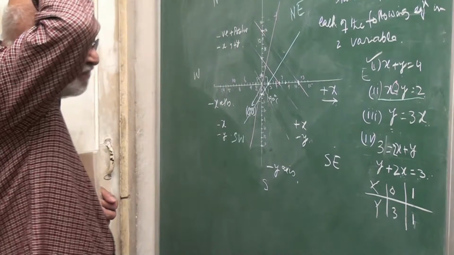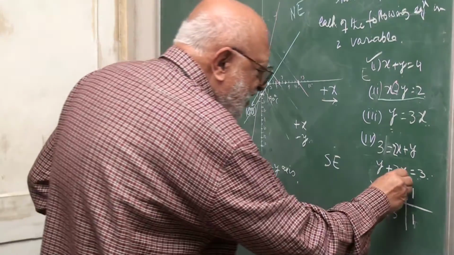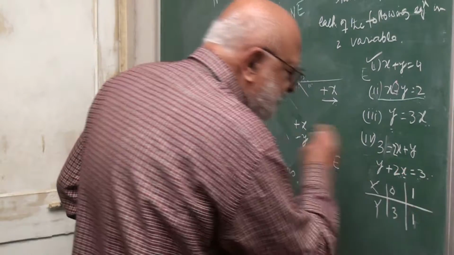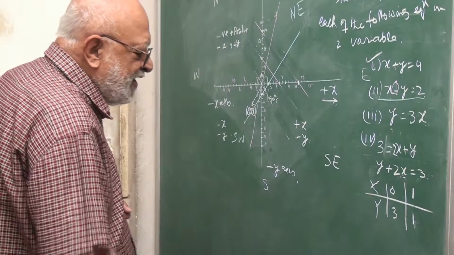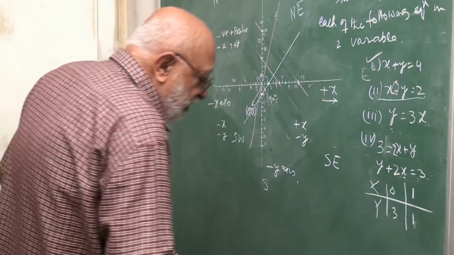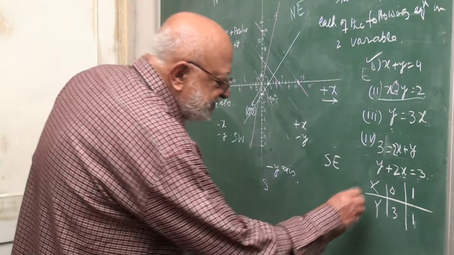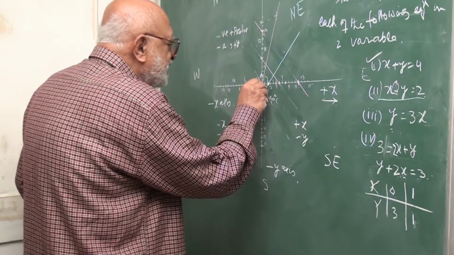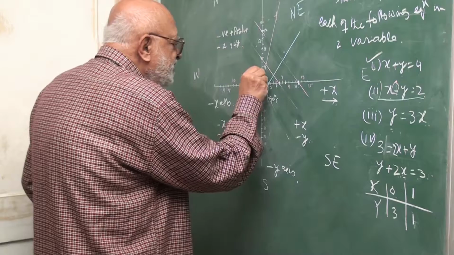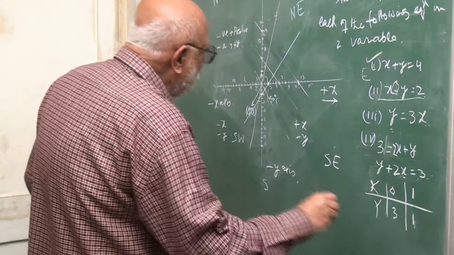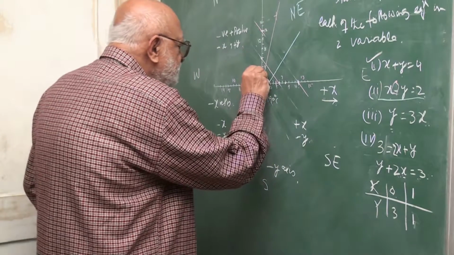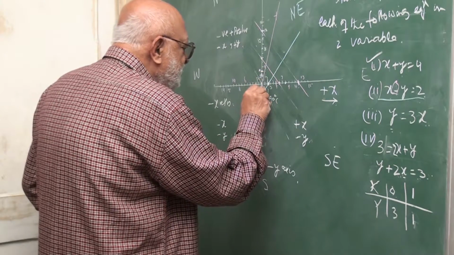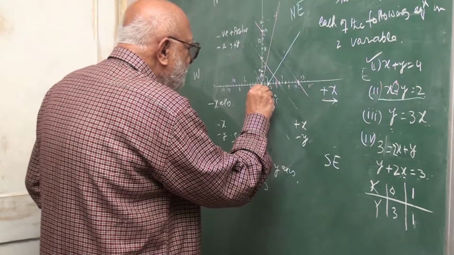I played around a lot. If I take 1, this becomes 2, and that becomes 1. So remember this. What will you get here? x equal to 0, y equal to 3, and x equal to 1, y equal to 1. So if this is 1, this is 1. This is the other point.